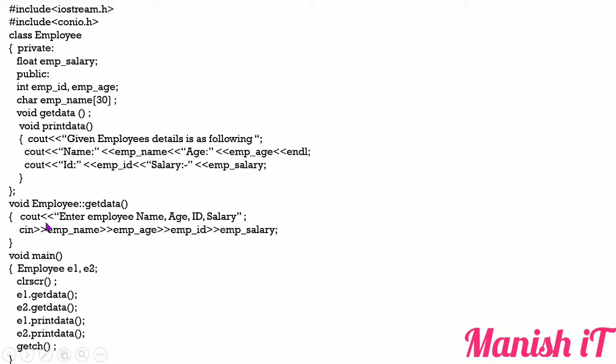In printf, whatever statement is written inside the printf function is printed on the screen. The same thing is here: whatever statement is in double quotation marks after cout is printed on our screen. And cin is the same as the scanf function.